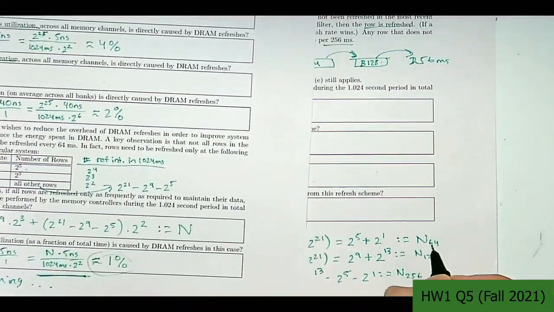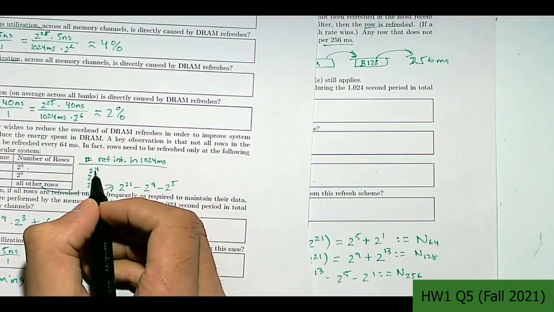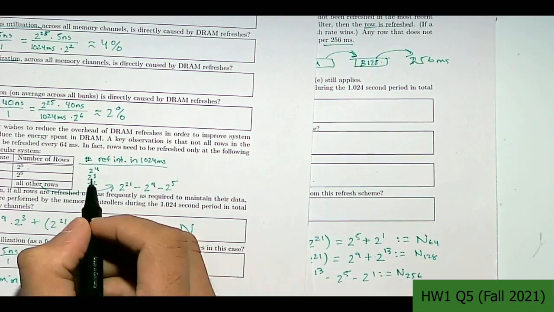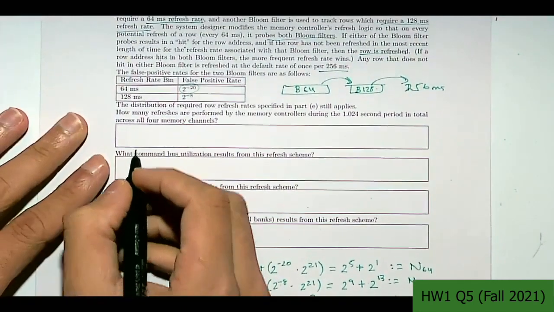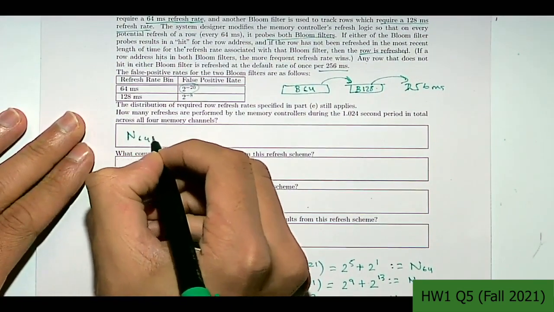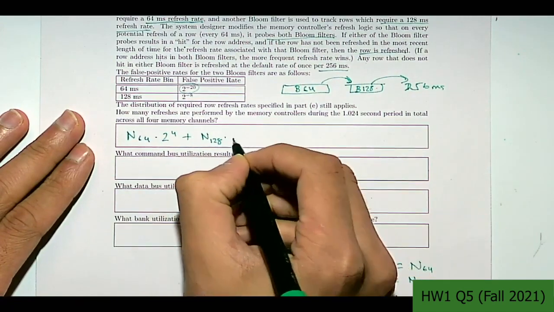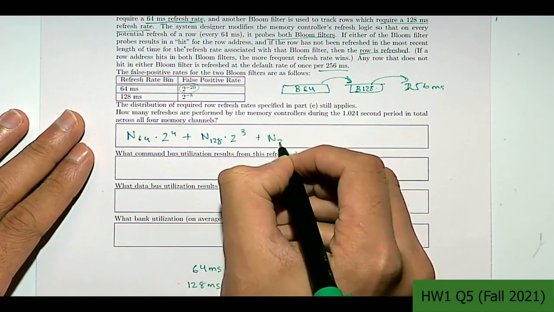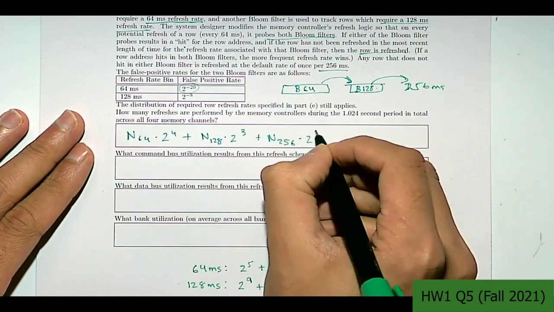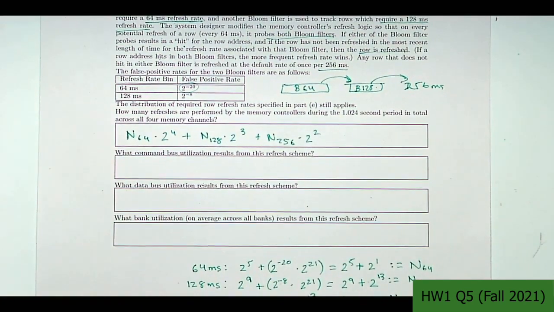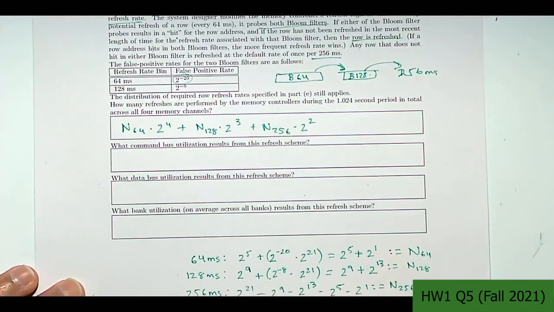So we have N64 rows that get refreshed 2 to the 4 times, N128 2 to the 3 times, and N256 2 to the 2 times. So we just write that here: N64 times 2 to the 4 plus N128 times 2 to the 3 plus N256 times 2 to the 2. That's all that is. It's just computing a different number of rows.